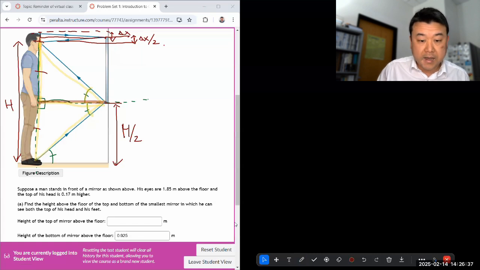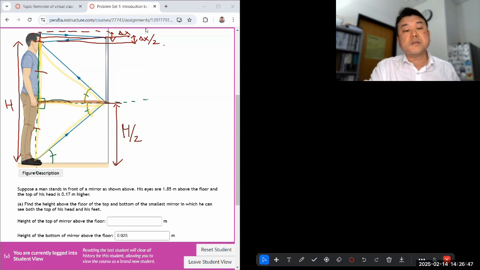So from his eyes to the top of his head is that much higher. So the top of the mirror is higher by half of this.